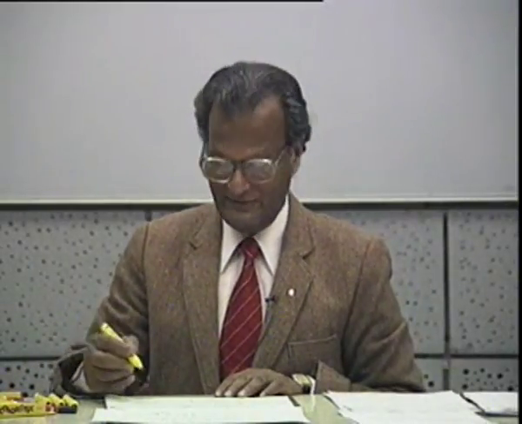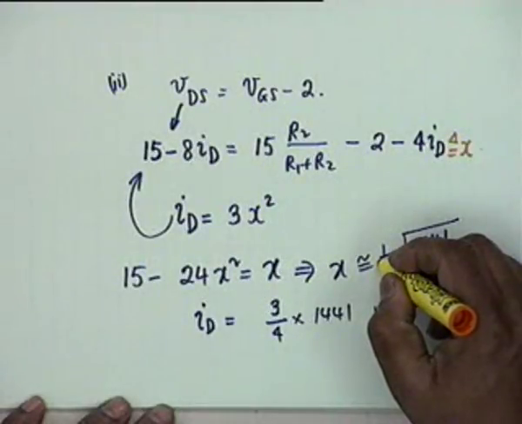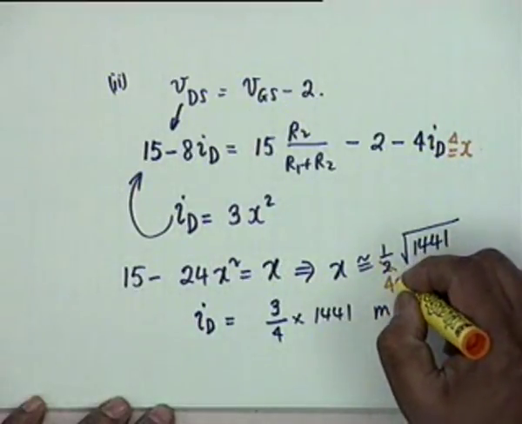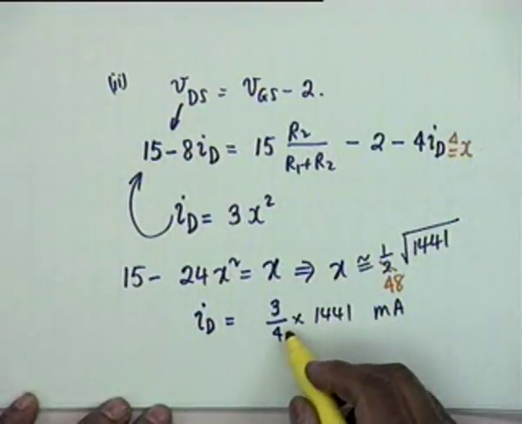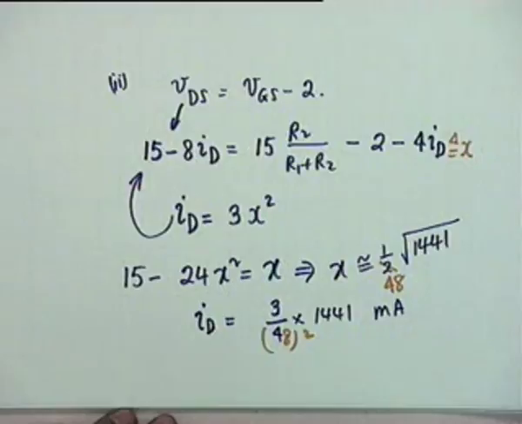Okay, I have made a mistake. Please do correct this, I was waiting for this. I have made a mistake here, this should come as 48. So instead of 4, it should come as 48 squared. Will that be reasonable now? Yes, that would be reasonable.